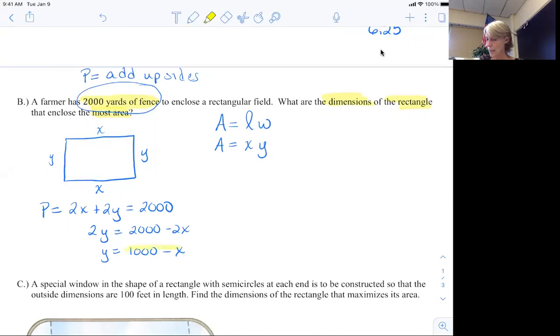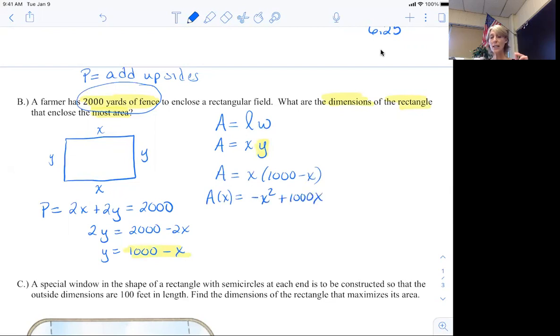Remember, we're going to take this and replace it. I told you yesterday when we come up with these functions, we want to write them in standard form. The reason we want to write them in standard form is so we can apply our properties.